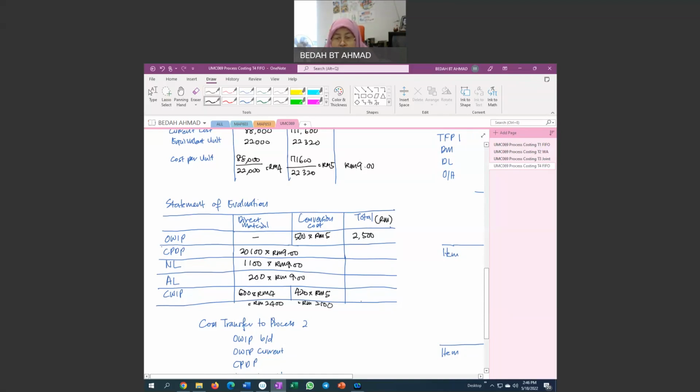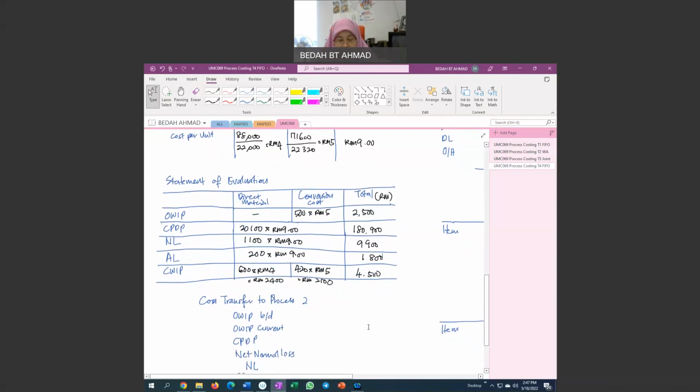So in total it is 4,500. So this one is 180,900. Then 1,001 multiplied by 9 is 9,900, and 1,800.